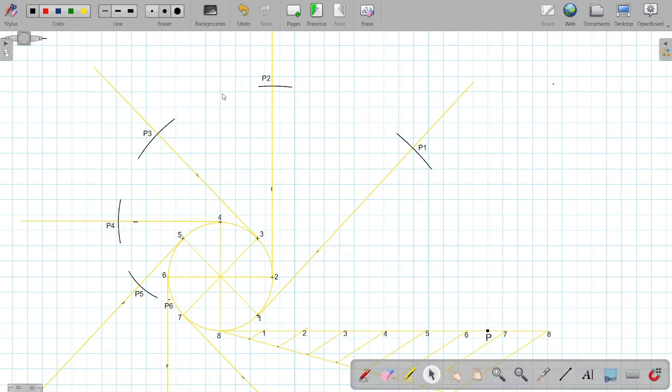After naming the points, we have to just join the points now sequentially, starting from point P and passing through point P1, P2, P3, P4, P5, and P6.